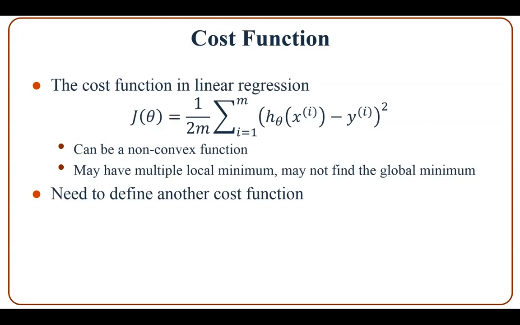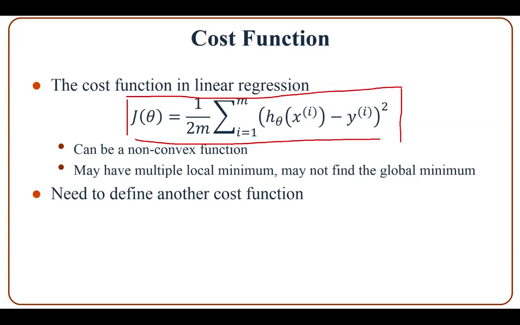Now we look at the cost function. This is the cost function in linear regression. If we use this function, then this may be a non-convex function and may have multiple local minimums and may not find the global minimum. So we need to define another cost function.